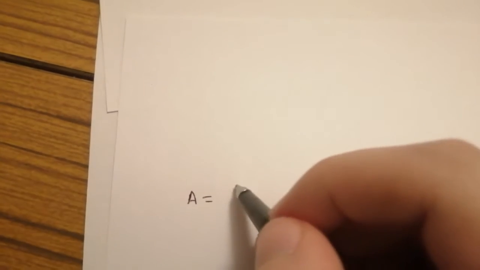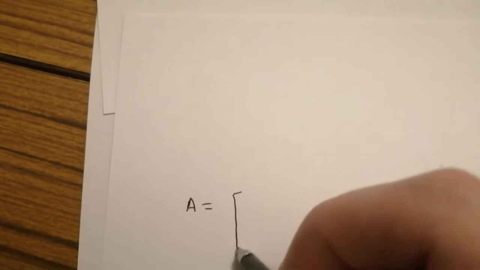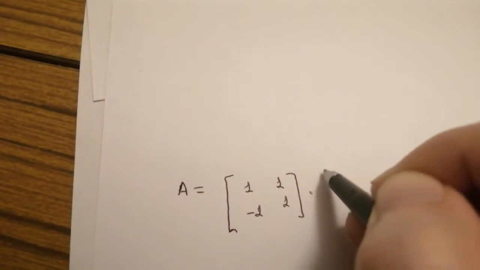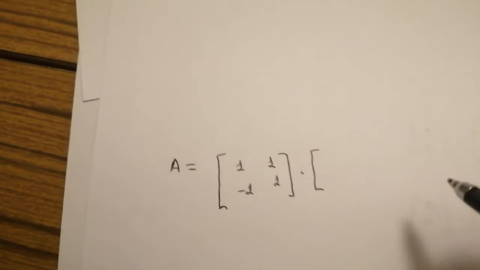Now let's write our matrix. A is equal to v1, v2, which is [minus 1, 1; 1, 1], times D, what is the eigenvalue lambda 1?